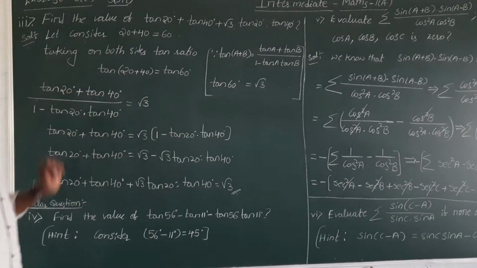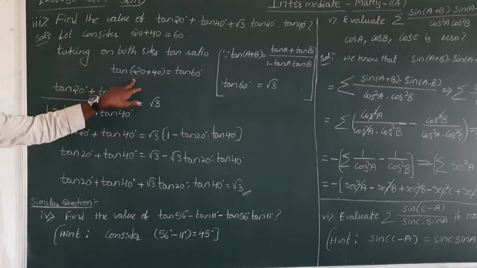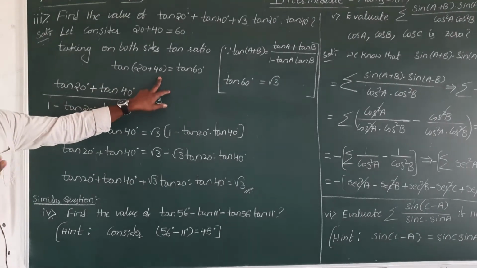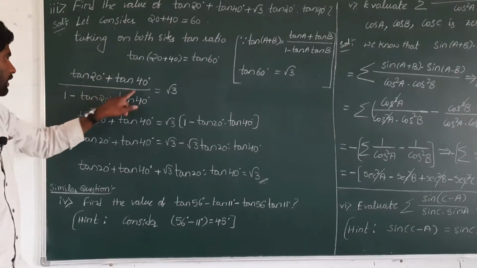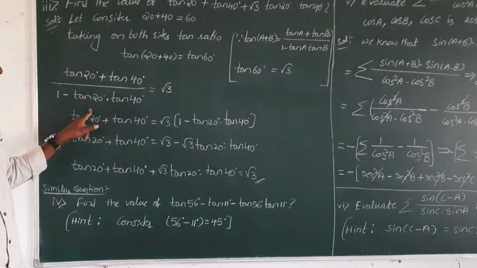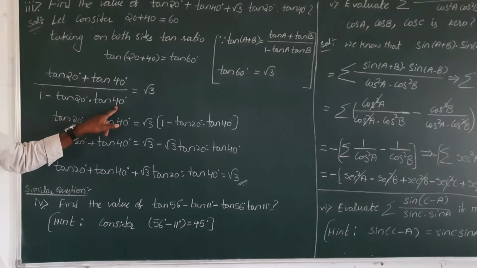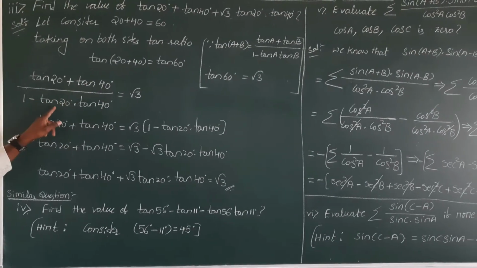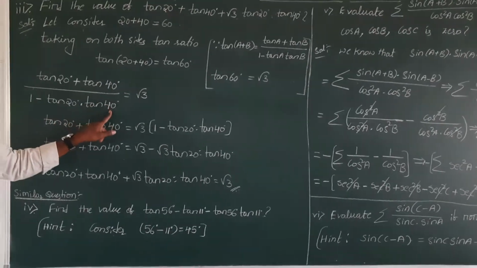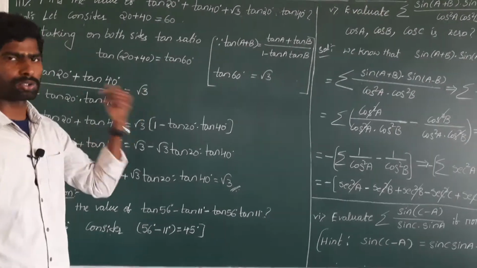These two we are using here. So in place of A, 20, in place of B, 40: tan 20 plus tan 40 by 1 minus tan 20 into tan 40, and tan 60 is nothing but root 3.